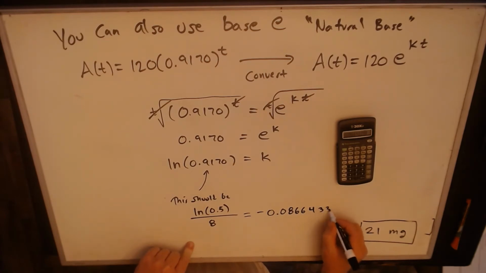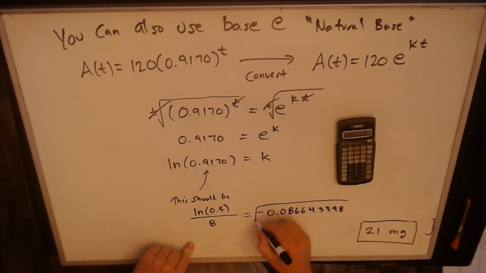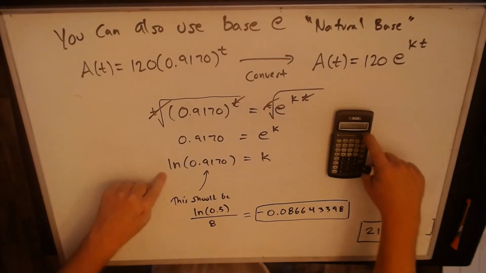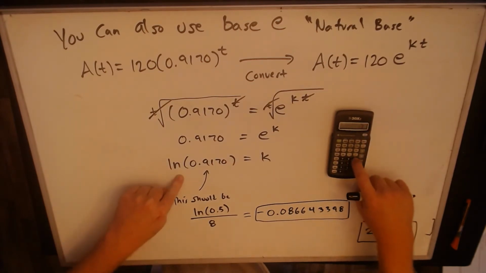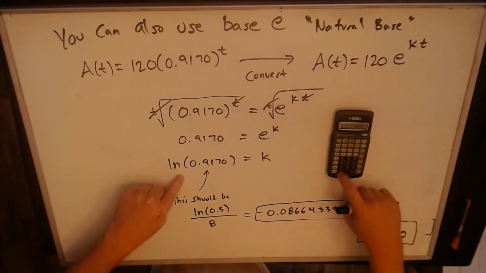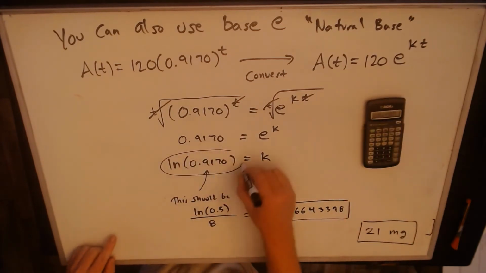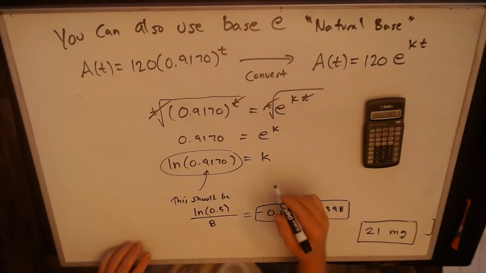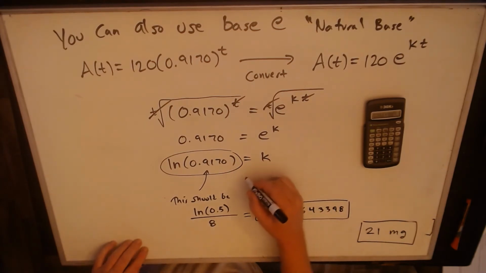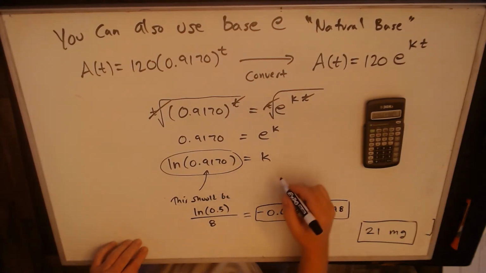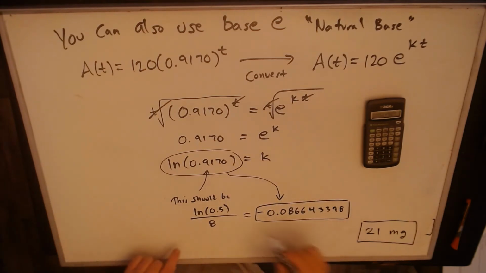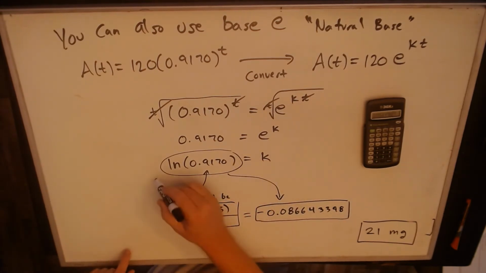I'm going to write the whole thing down for now. I want a good comparison. Let's do it this way. ln of 0.9170. What do you know? This is the same value. So these should be the same value.